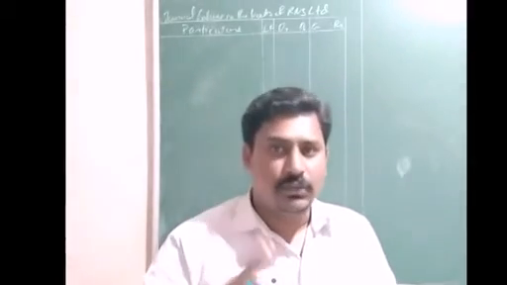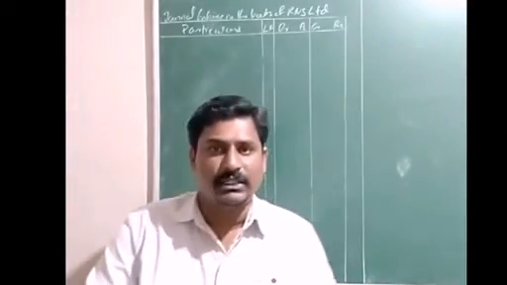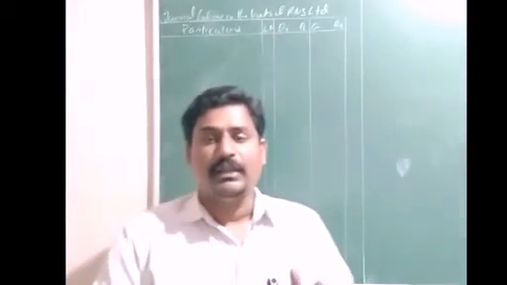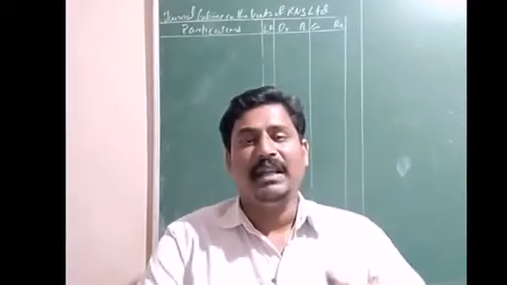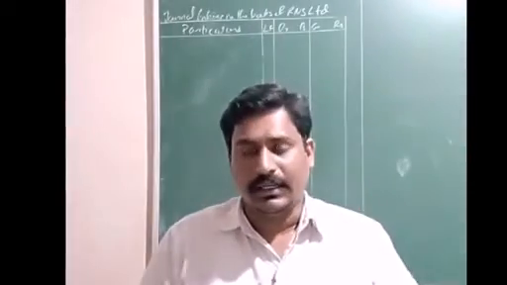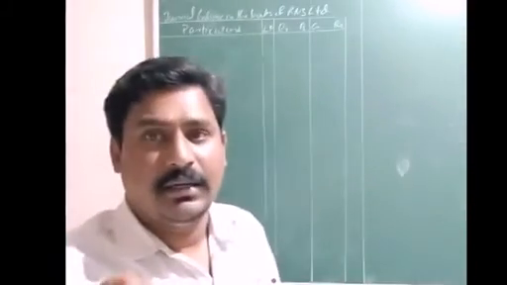So in the first call 300 shares and in the final call 800 shares have not paid their money, and the remaining amount is collected. By considering that, let us draw the journal entries.